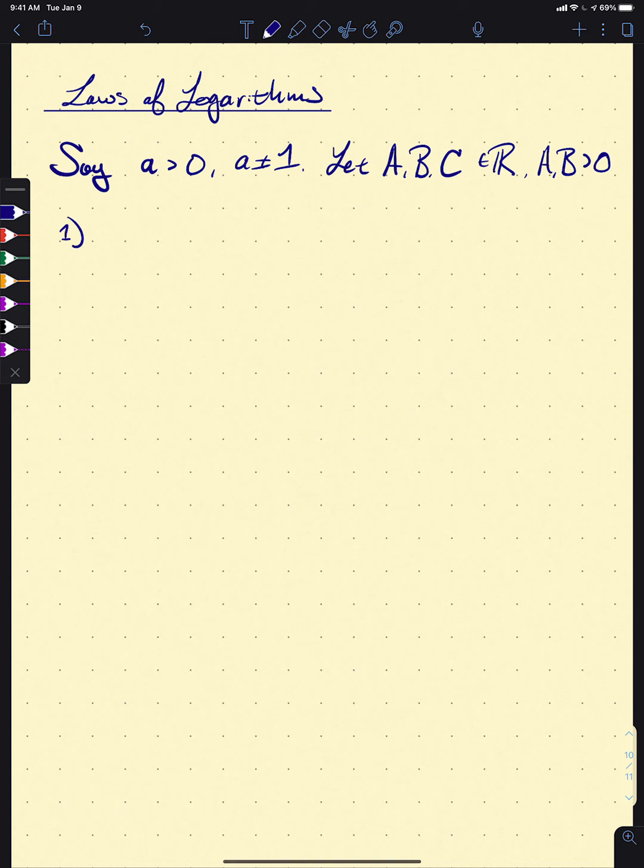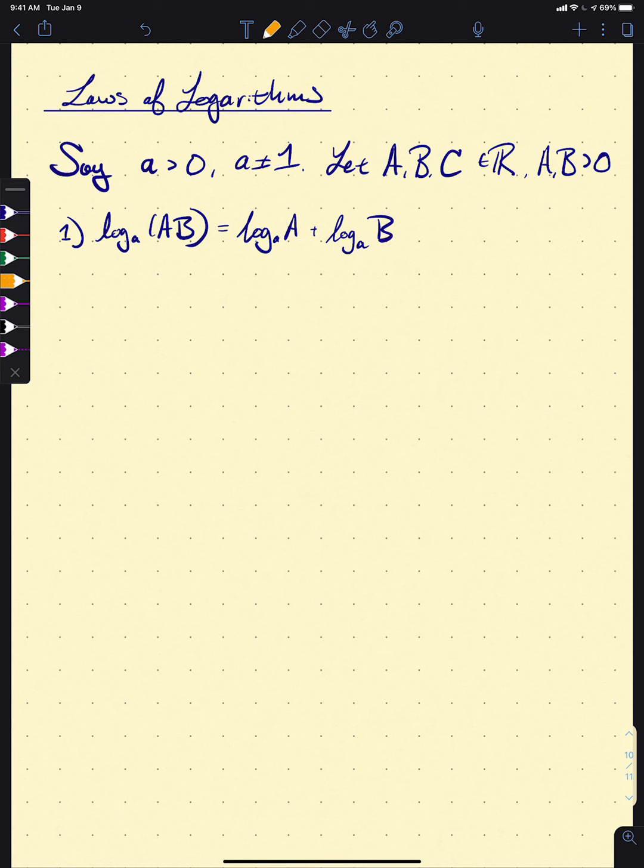We'll say number one, we have log base a of A times B, right? That's equal to log base a of A plus log base a of B, right?